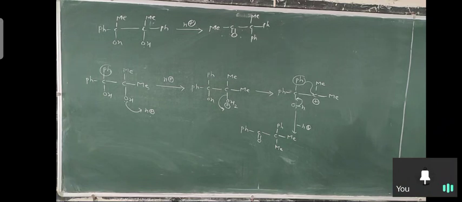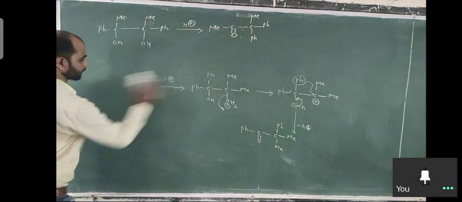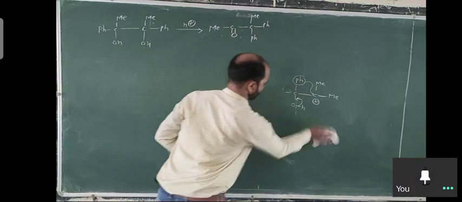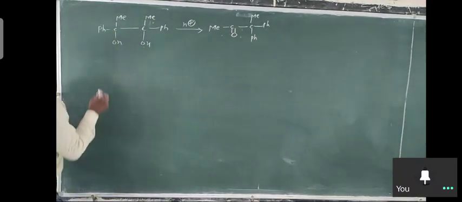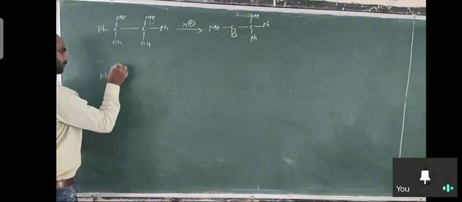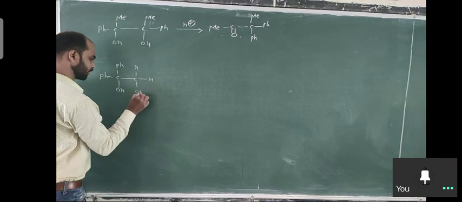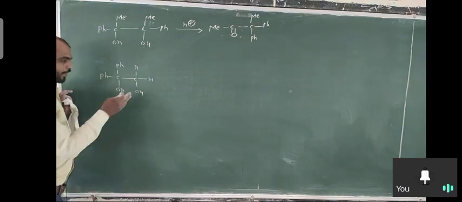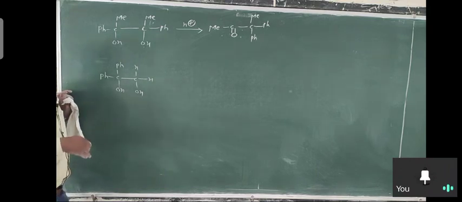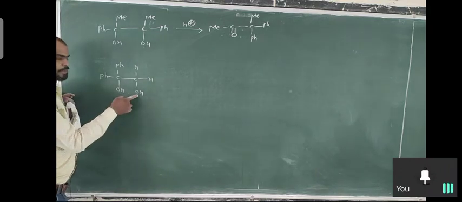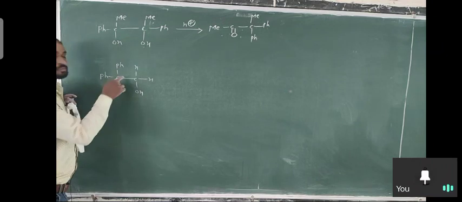Okay, next example is the last example. Here, according to the discussion up to this point, you would do the protonation here because the phenyl group has more migratory aptitude.